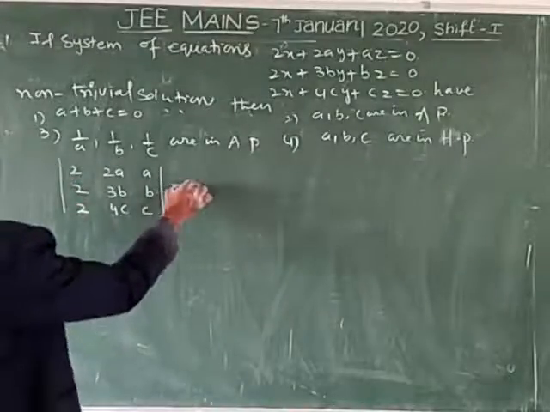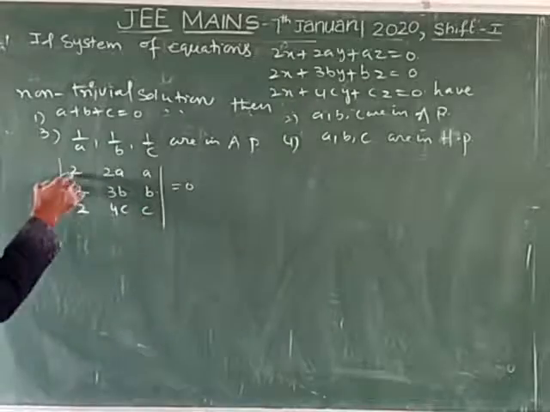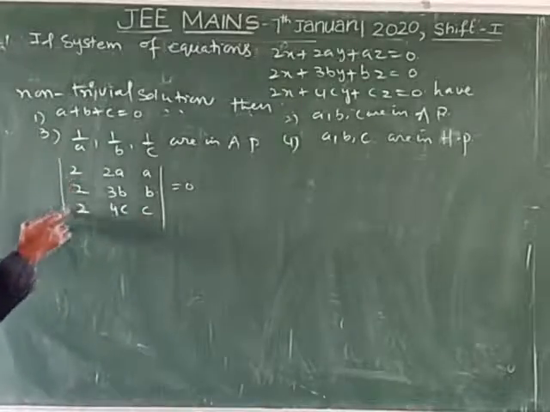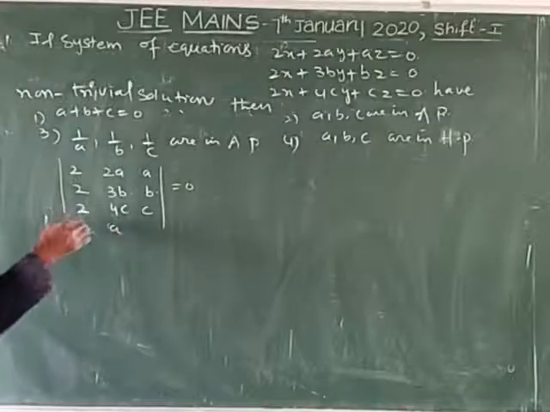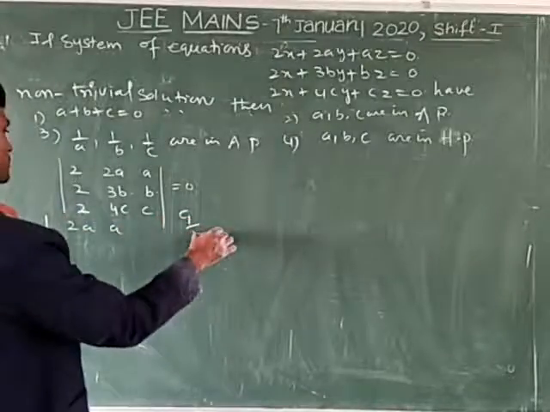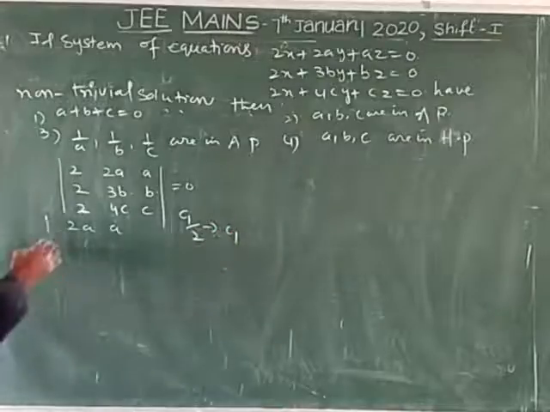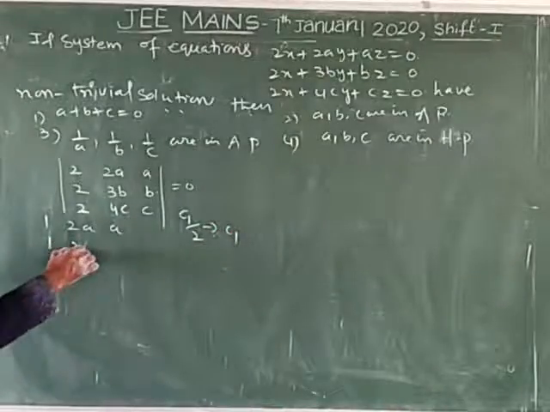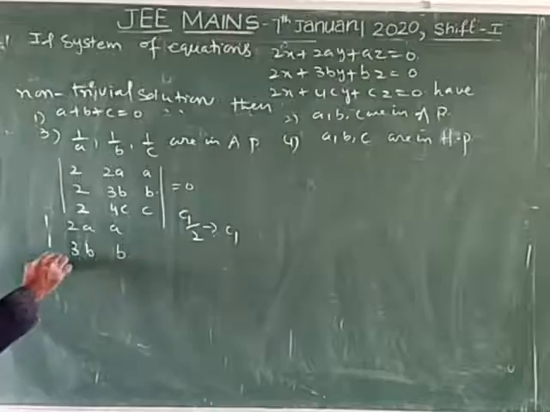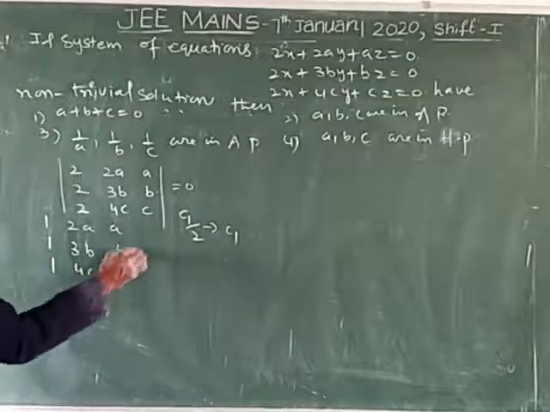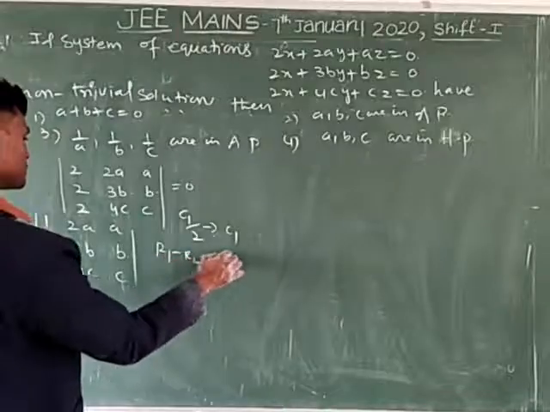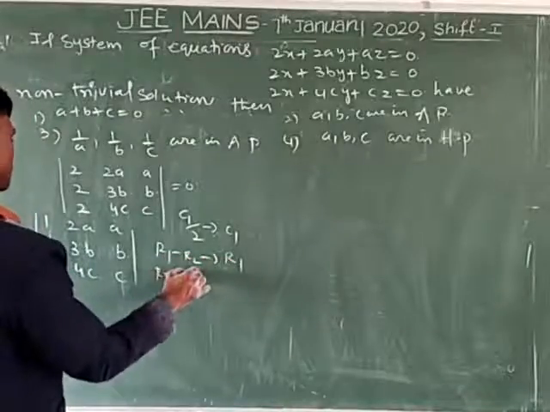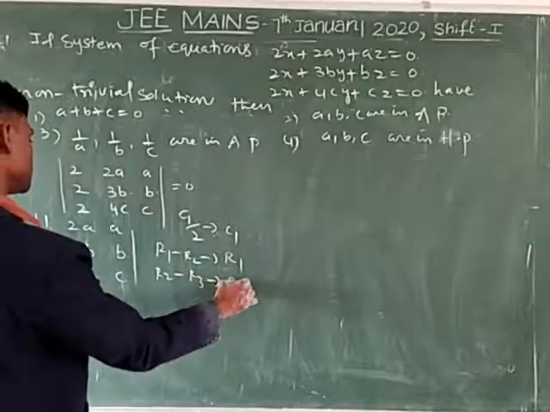Now take 2 common from the first column, so we get 1, 2a, a; 1, 3b, b; 1, 4c, c. Now apply R1 minus R2 goes to R1 and R2 minus R3 goes to R2.